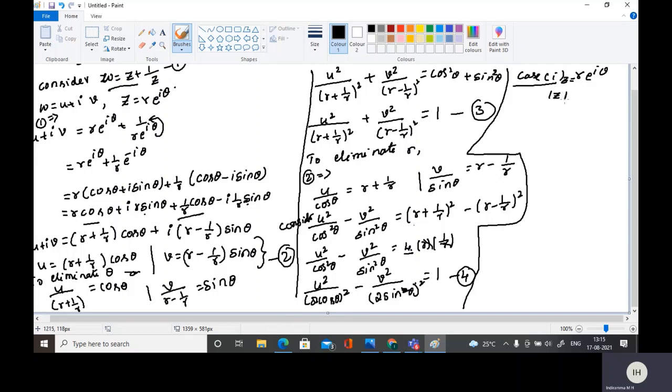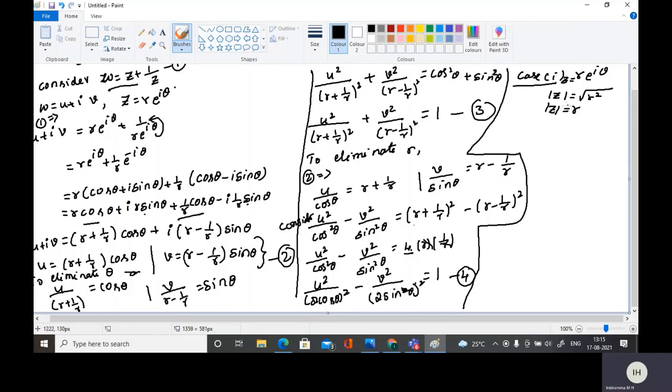Mod z, what is mod z? Here z is equal to r e power i theta, where e power i theta is cos theta plus i sin theta, so that is r cos theta plus i r sin theta. Mod z is the square root of the sum of their squares, which is equal to r.